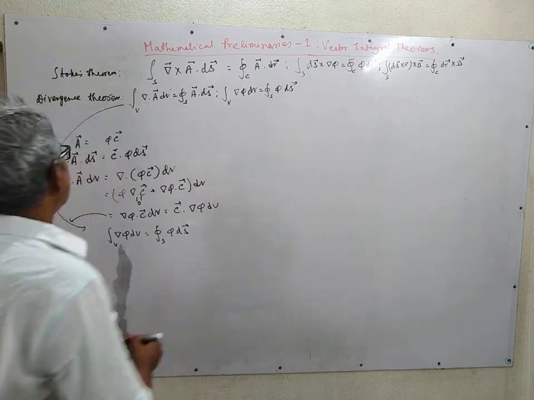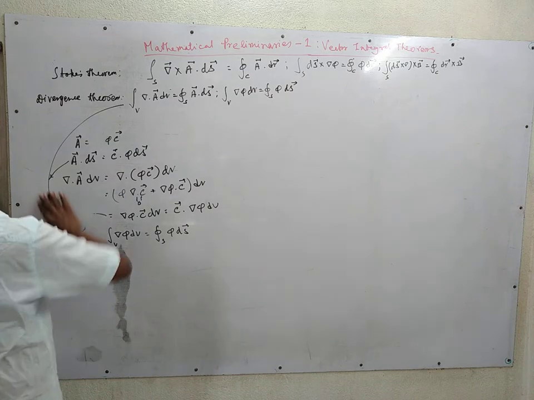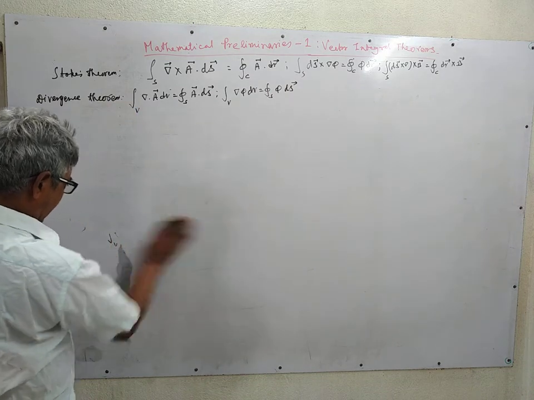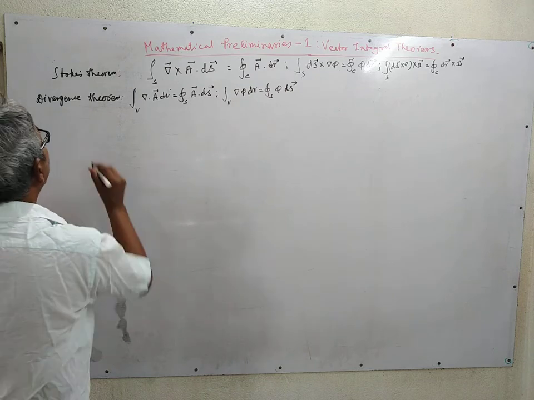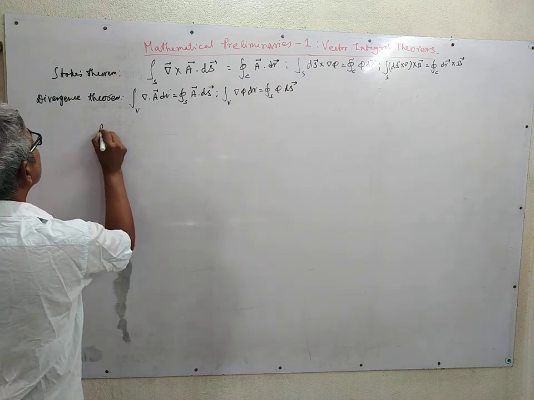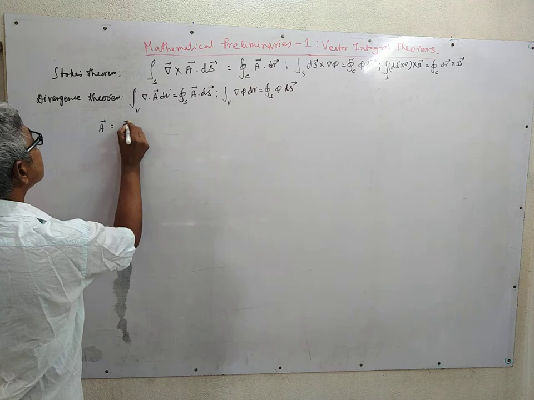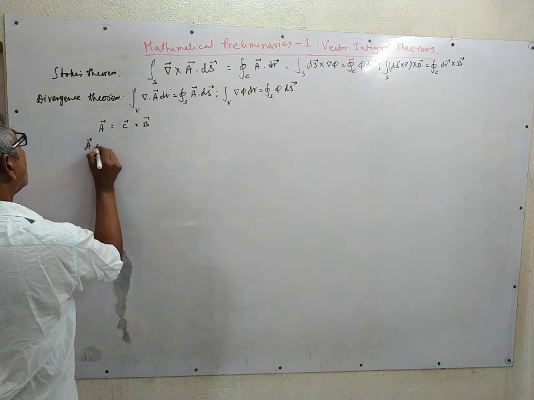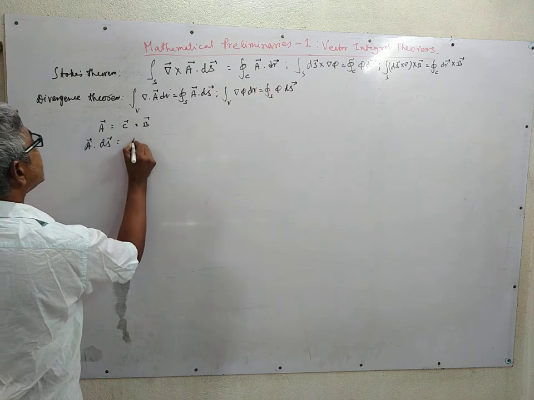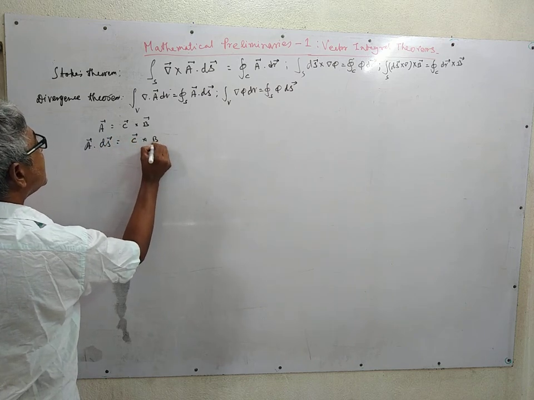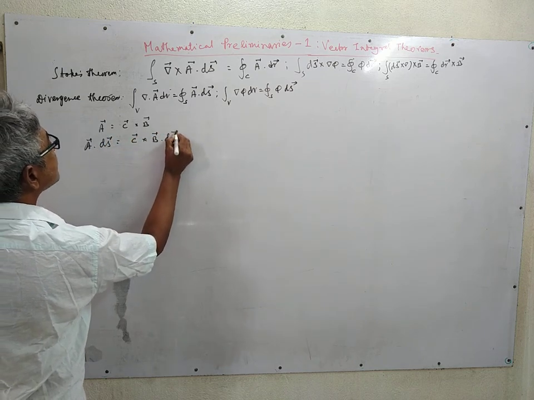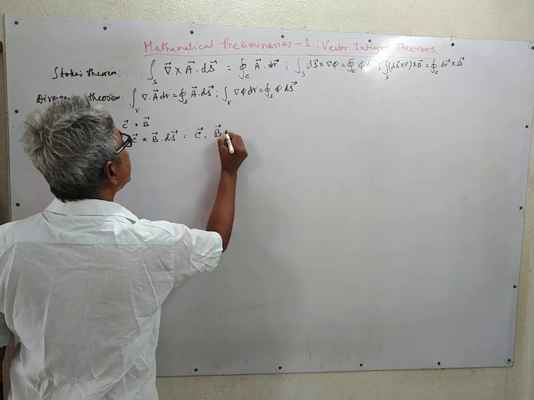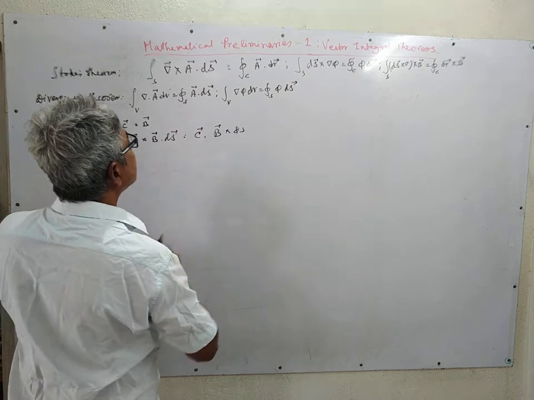Another form is, as usual, A is written as C cross B, again C being an arbitrary constant vector, and A dot ds in which case becomes C cross B dot ds, which can be written as C dot B cross ds.